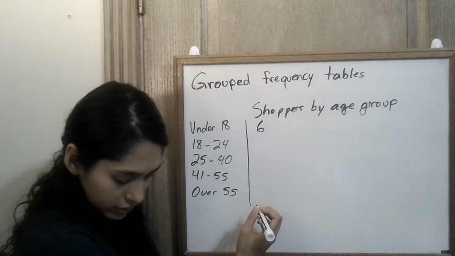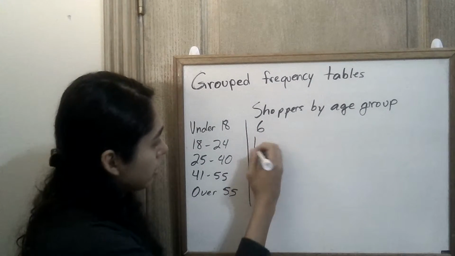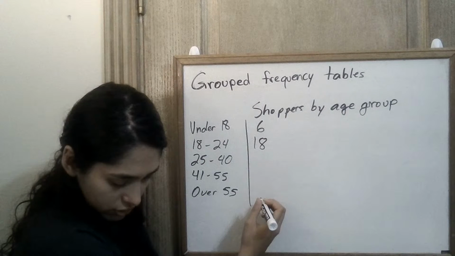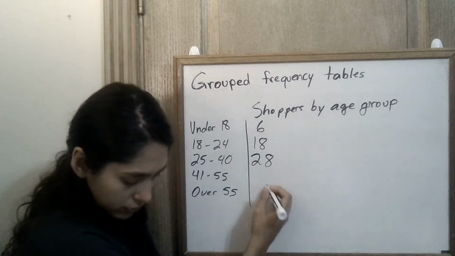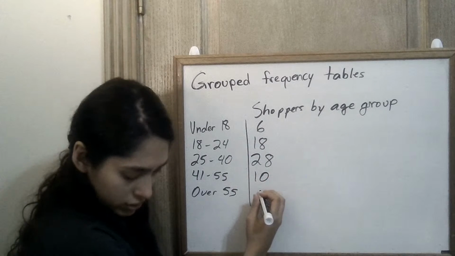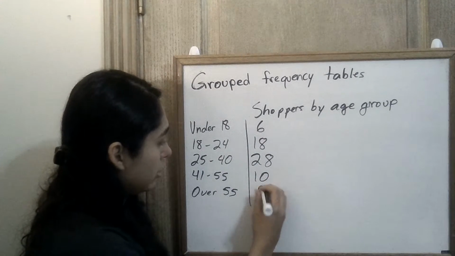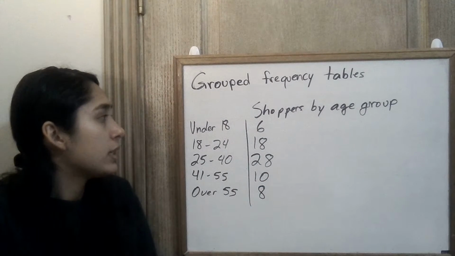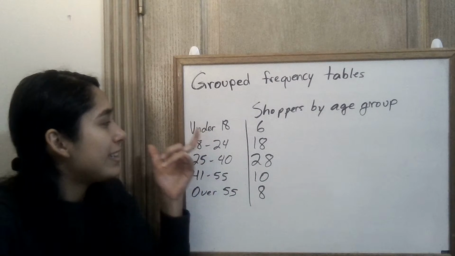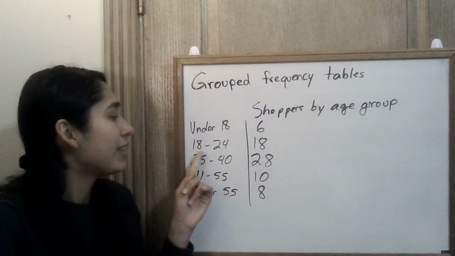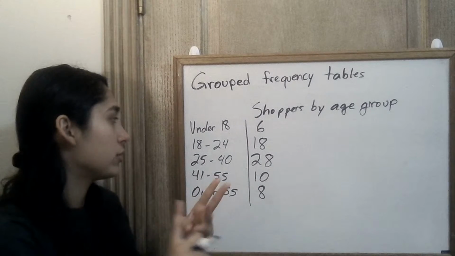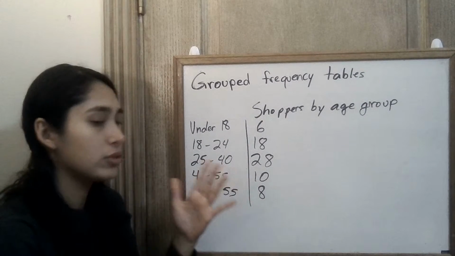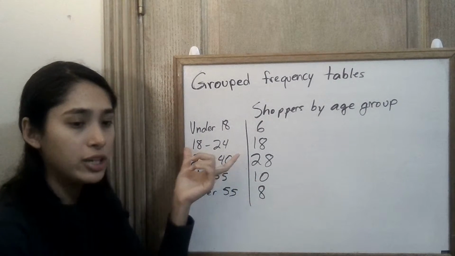So I have 6, 18. All right, so this is great because I don't have to write down how many 18-year-olds, how many 20-year-olds, 21, 22, 23-year-olds, 24-year-olds. I can just say an age bracket.